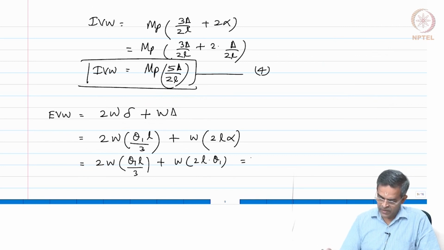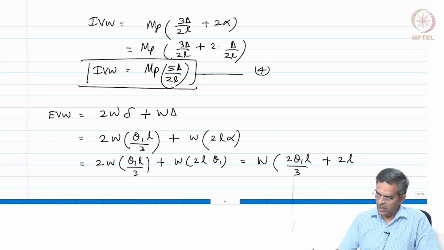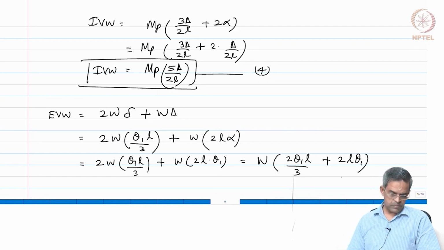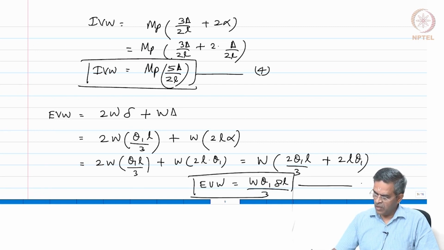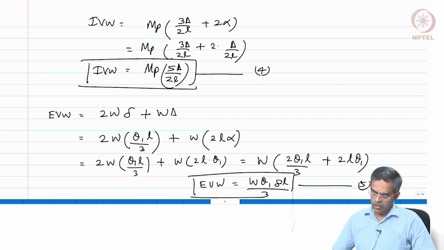So, can I simplify this as W times of 2 theta 1 L by 3 plus 2L theta 1, okay, which will become W theta 1 8L by 3. Can I write this?